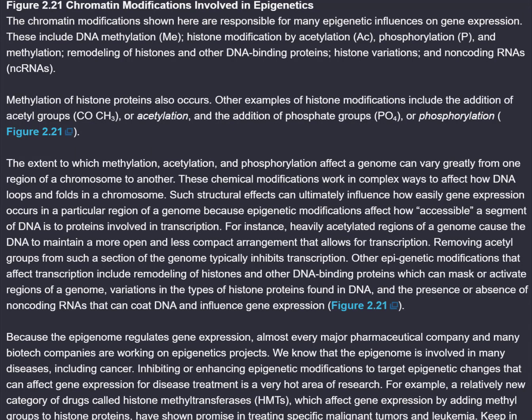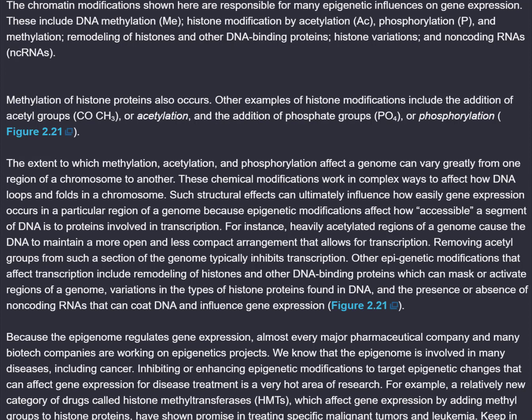Figure 2.21 Chromatin modifications involved in epigenetics. The chromatin modifications shown here are responsible for many epigenetic influences on gene expression. These include DNA methylation, histone modification by acetylation, phosphorylation, and methylation, remodeling of histones and other DNA-binding proteins, histone variations, and non-coding RNAs.